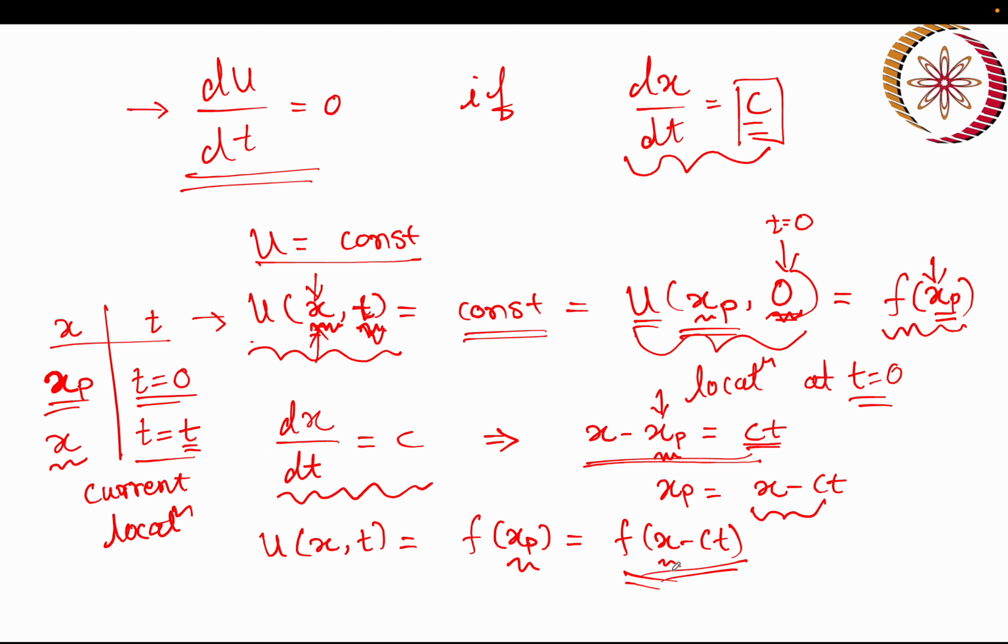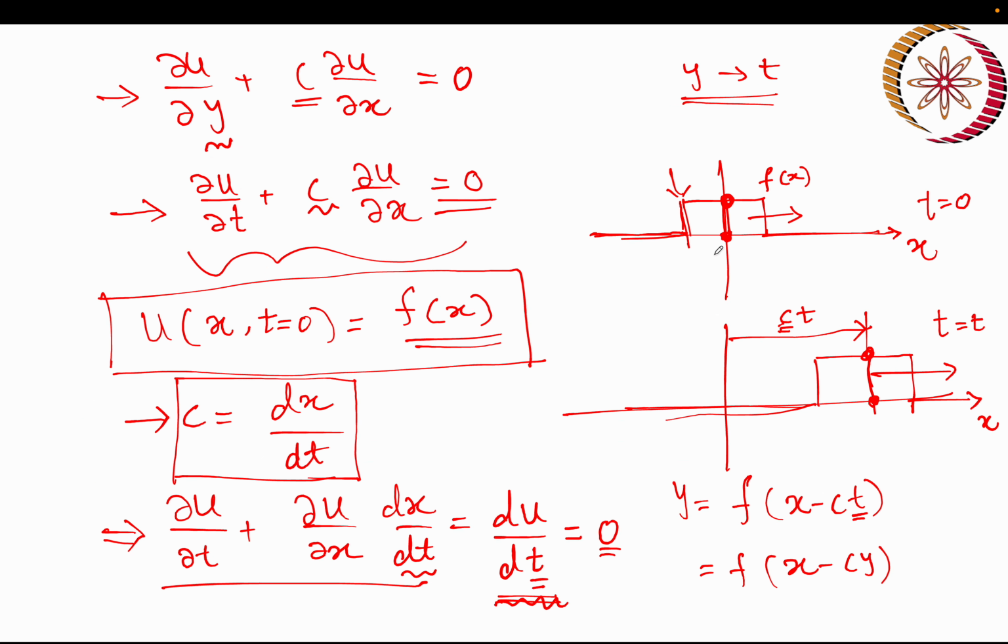If you simply come back to the waveform I have drawn here, in this case this wave is going towards the right, so you can see that this wave has moved forward. The origin has shifted to x equal to ct.